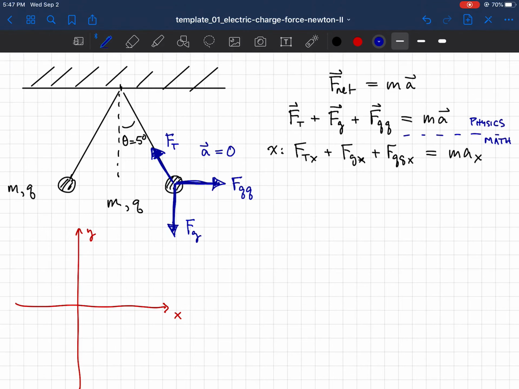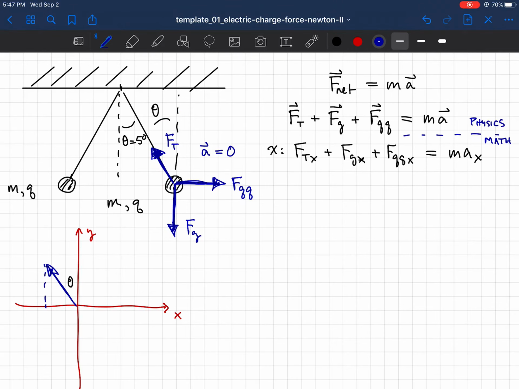So I write out the same thing as I did before, where I have the x component equation. Now I want to find each of these components by putting the vectors on the coordinate system. So let's do that. So FTx, I take my FT vector, I place it here on the coordinate system, and I'm going to need an angle there, but I was given an angle, so we know that this angle is 5 degrees, but that means that this angle is also theta, it's also 5 degrees, so I can draw that angle here.